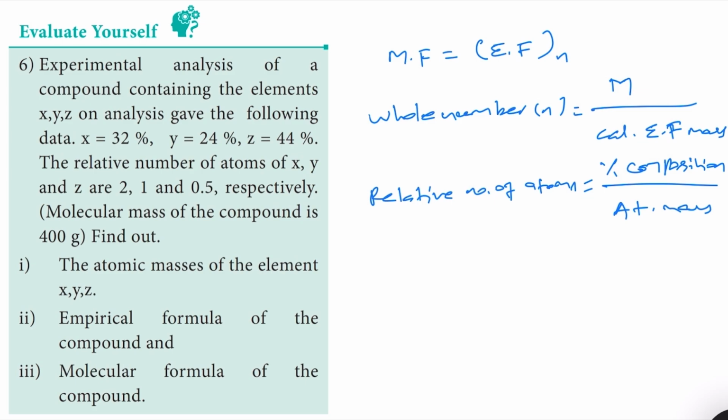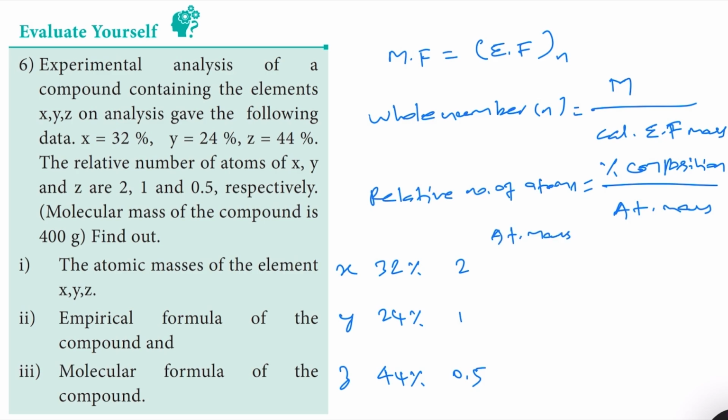We have three different elements X, Y, Z, and their percentage compositions are 32%, 24% and 44%, and the relative numbers of atoms are 2, 1, 0.5. Now, let us determine the atomic mass.